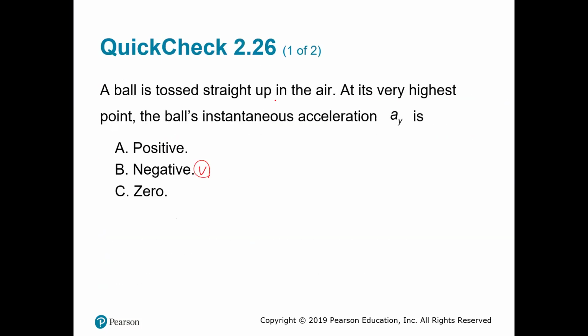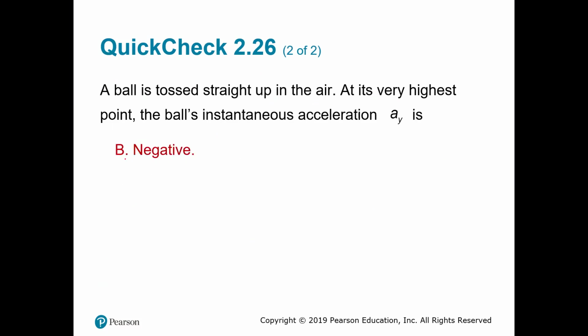So even when the object is at the top, gravity is still negative, right? Gravity is always pulling the object downwards. No matter whether the object is moving up, at the top, or moving down, it doesn't matter. Gravity here, here, and here are the same.